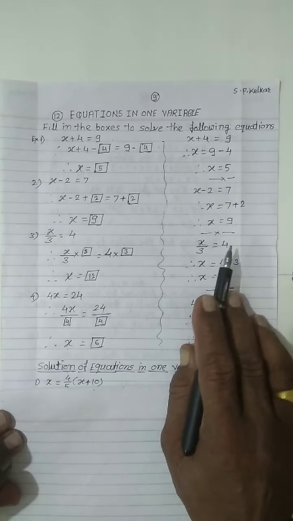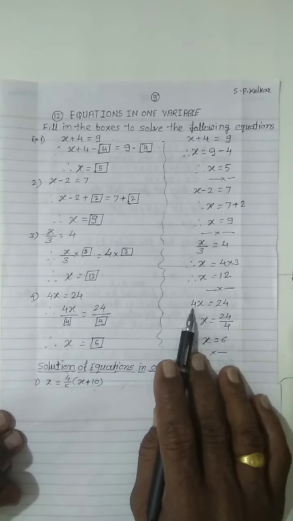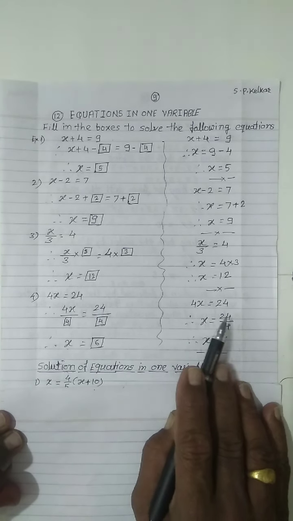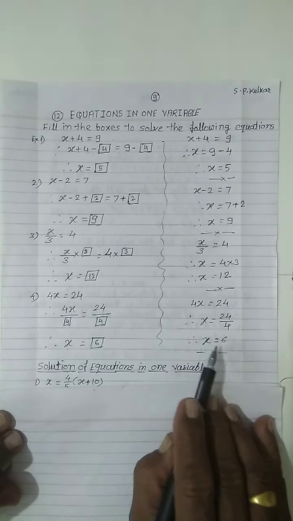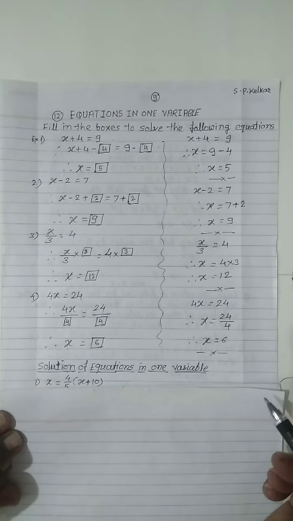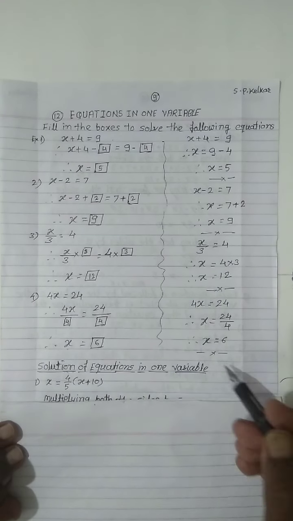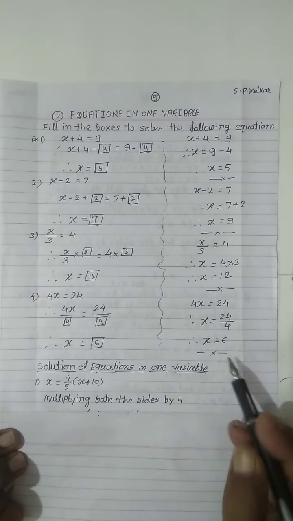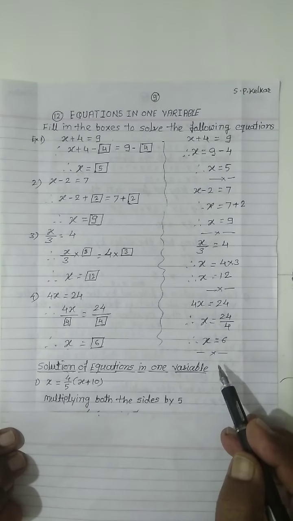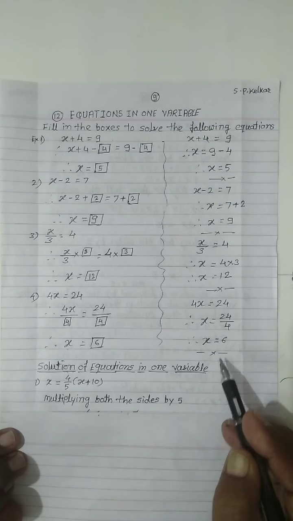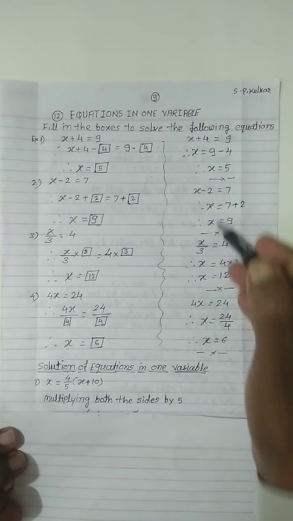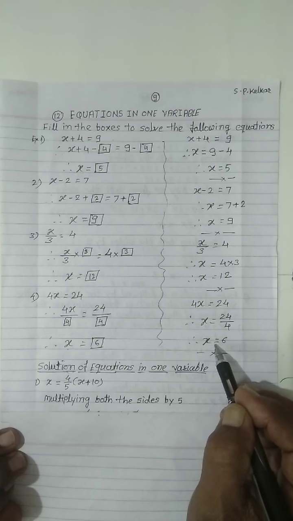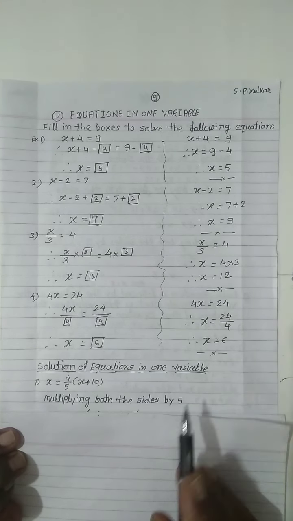Here divide, then multiply; here multiply, goes to the right side and divides. 24 divided by 4 is 6, x equal to 6. In this way we solve the same equation by this method also. If you want to solve the equation by this method, you can solve it by this method also.